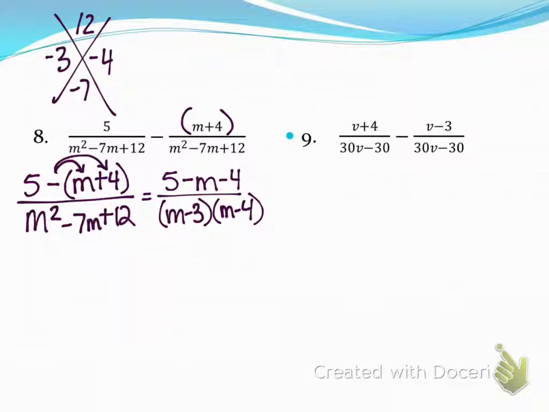That's why we used a negative 3 and a negative 4. Now we're not done, because what can we still do in our numerator? What can I still do in the top here? What can get simplified up there?